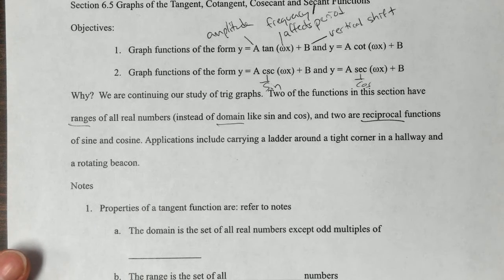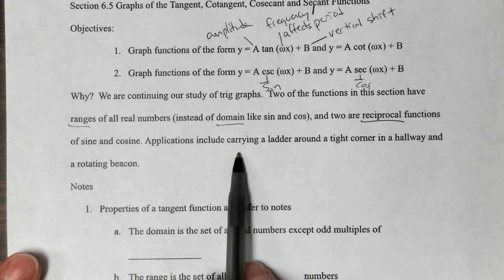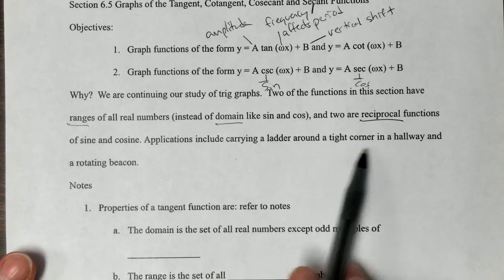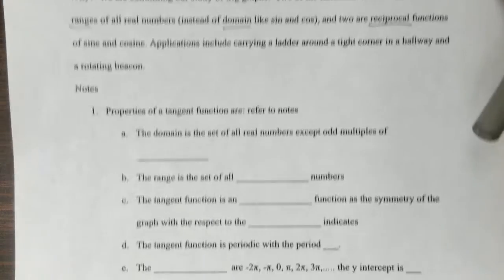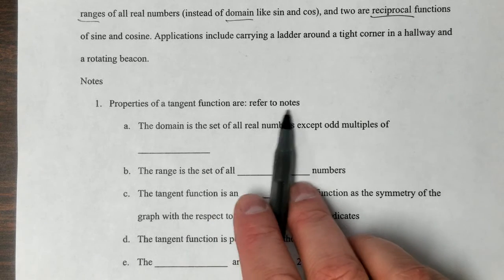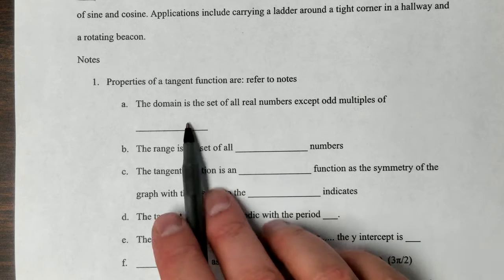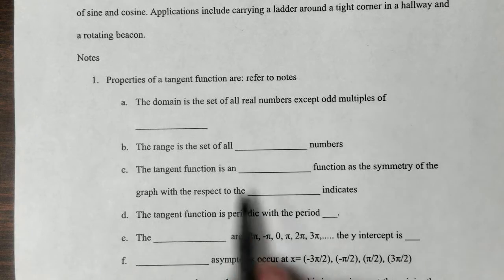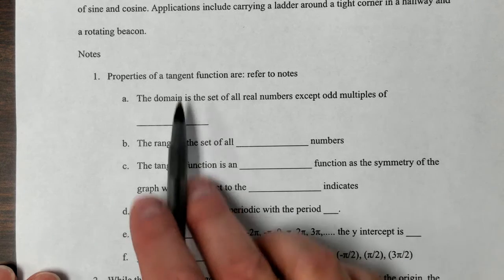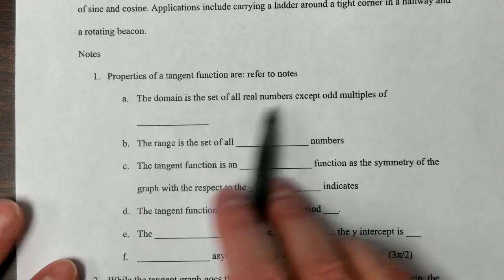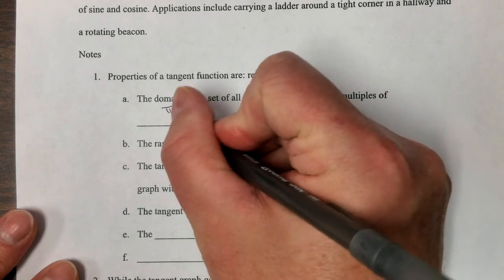Applications and word problems related to this are carrying a ladder around a tight corner in a hallway and a rotating beacon. Okay, so again, you can refer to that handout, but we're basically going to have the same blanks and fill them out here. The domain for tangent is the set of all real numbers except odd multiples of pi halves.